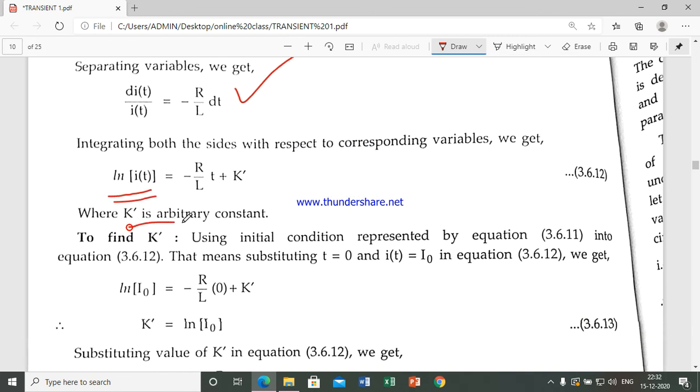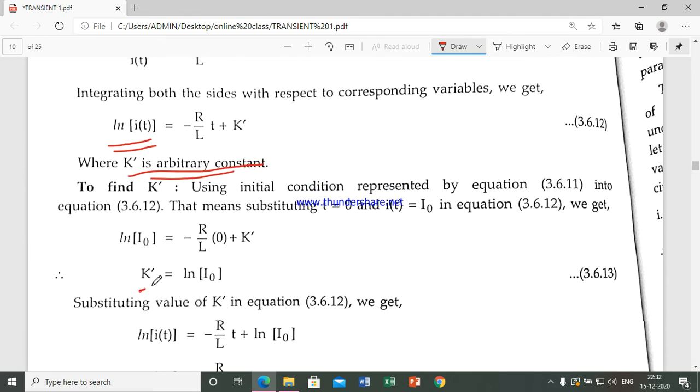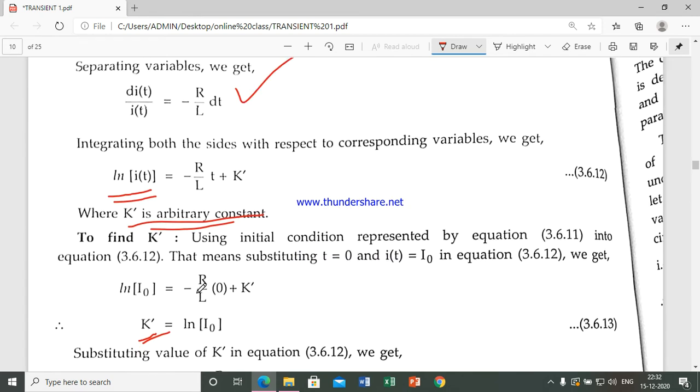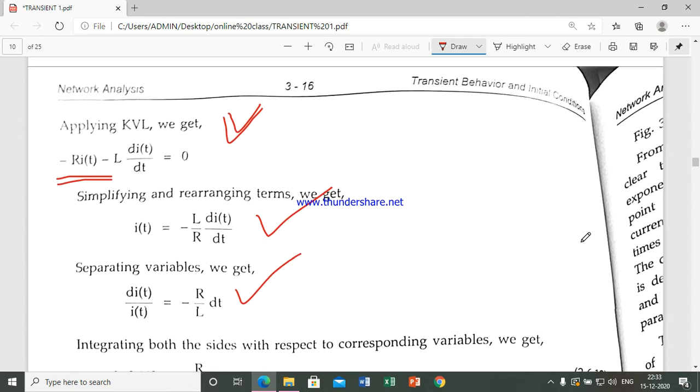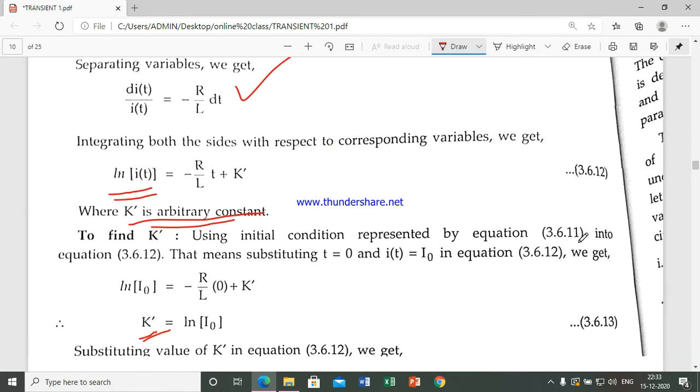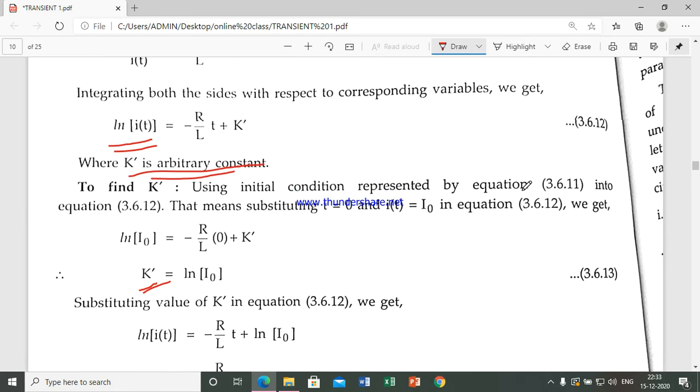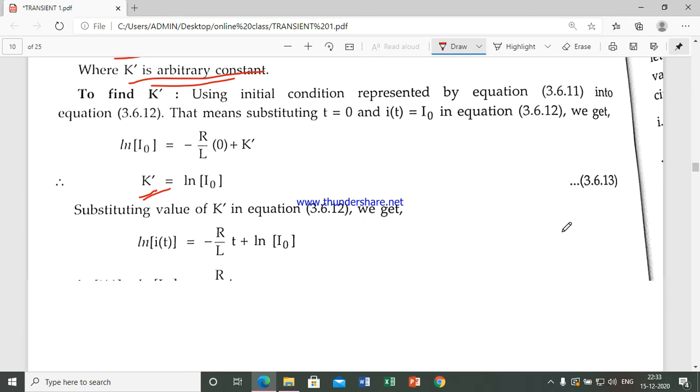k dash is the arbitrary constant, and you can find the expression for k dash using the initial condition represented by this equation. What is that equation?